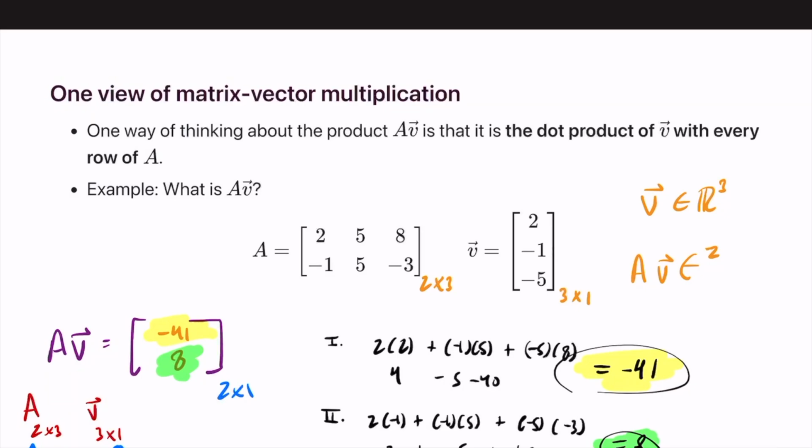But the key idea here is this dot product operation. So just to show you what's going on, this is pretty familiar, this is just a dot product approach, a plug and chug approach to solving this. Now, what's the other way that we can think about this?